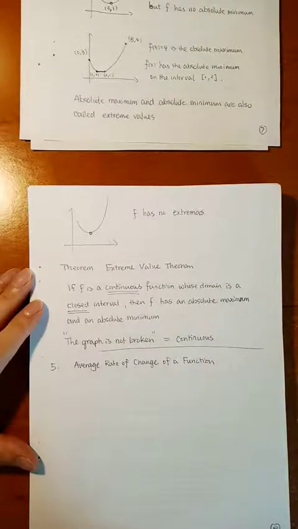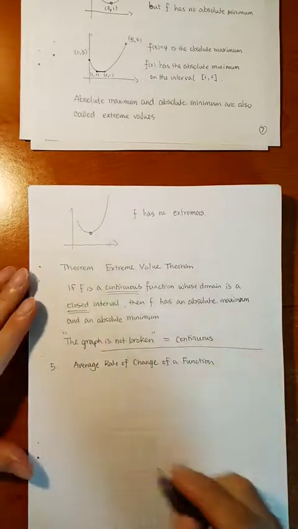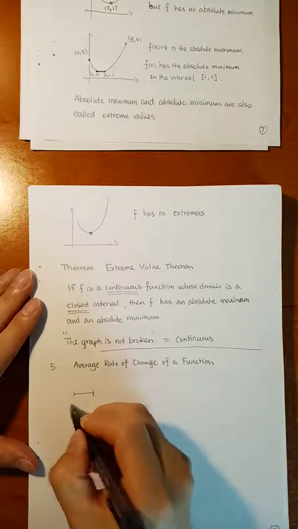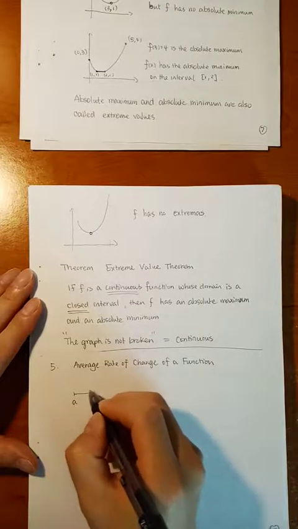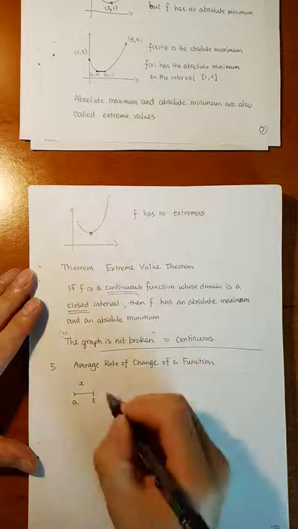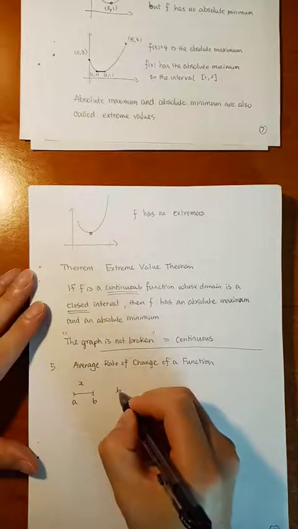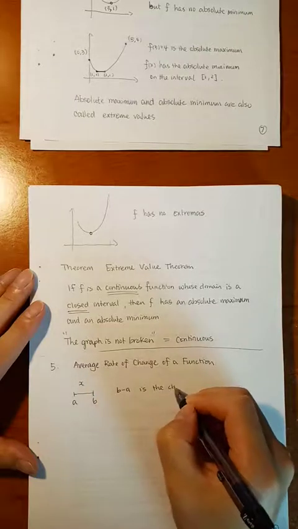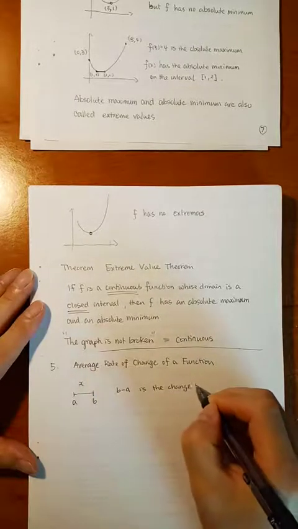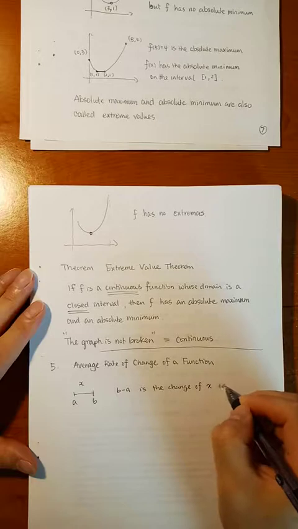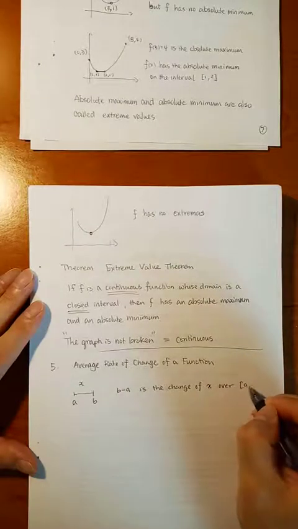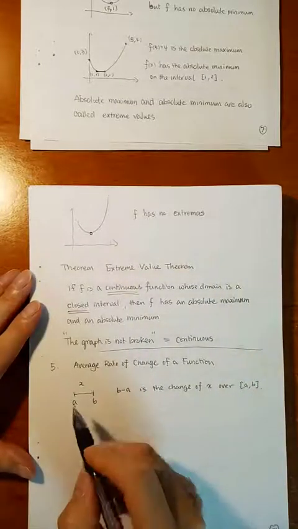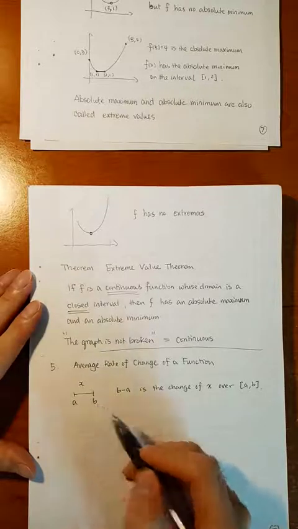Change means use a new value minus the original value. That's a change, right? So when you have an interval ab, if it's about x, what is the change over the interval? That's b minus a, from the initial value to the terminal value.